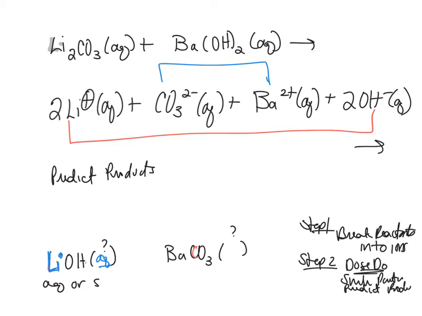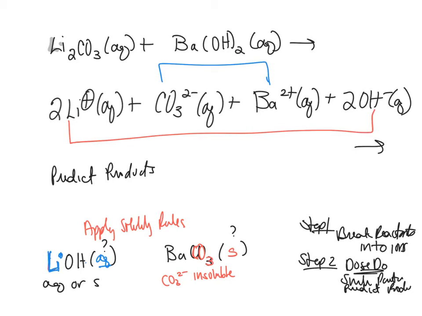Now here, carbonate is one of those that typically are insoluble, right? We have to apply our solubility rules, unless it's with group 1. So that would be solid. So we can put a solid there.